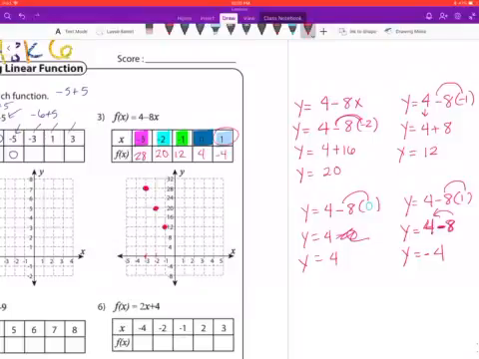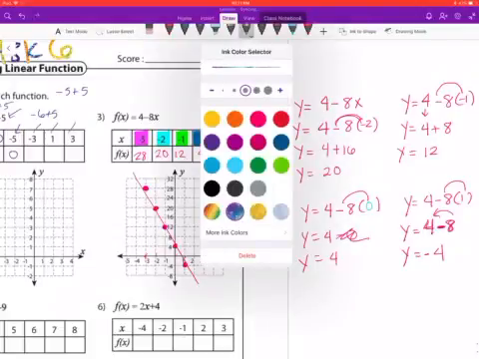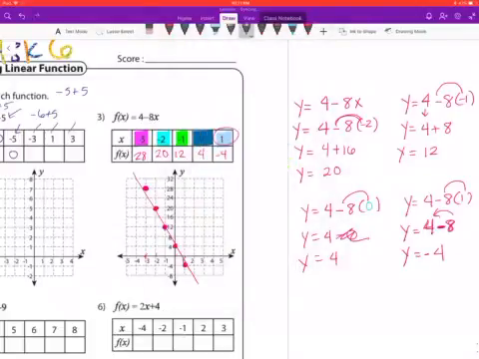Okay, we're behind on graphing here. So negative, okay, we're there. 0, it's 4. 1, -4. See, there we go. And look, guys, we can actually see the slope, the rise and the run. Rise 2, run 1.